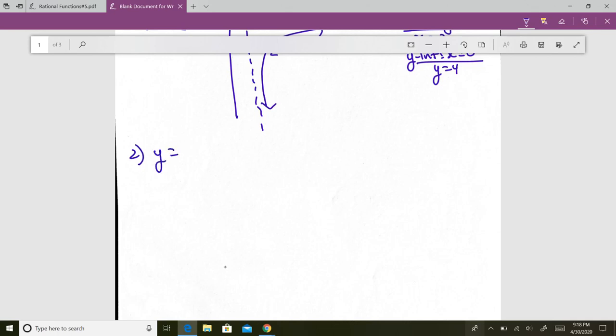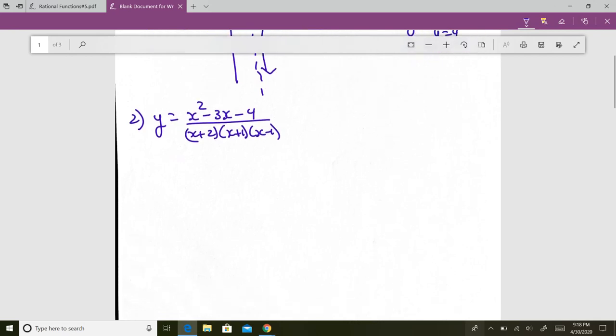All right, let's do a slightly more complicated one. Y is equal to x squared minus 3x minus 4 over, let's write it out in factored form, x plus 2, x plus 1, x minus 1. All right. So first step, factor the top.